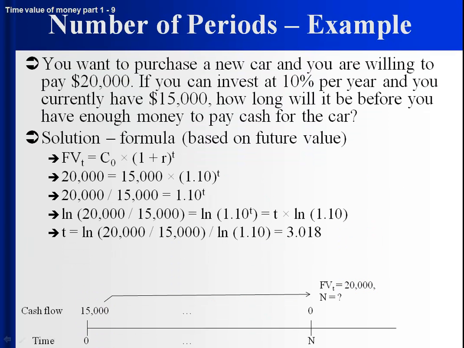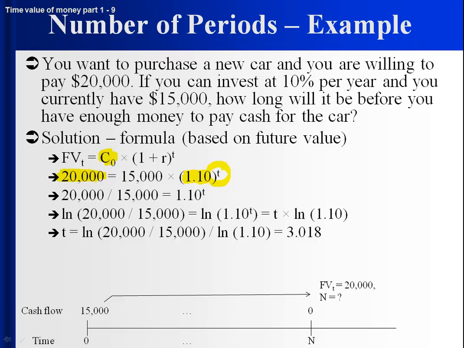You can solve algebraically. So you have your 15,000. Every year it grows by 10%, and you want to know how many years it compounds before you hit 20. So you divide both sides by 15. You're stuck with that T up there as an exponent. The way you can pull that out is by taking the log of both sides.